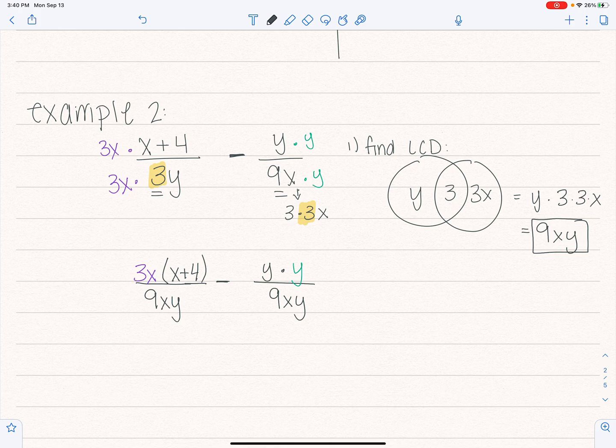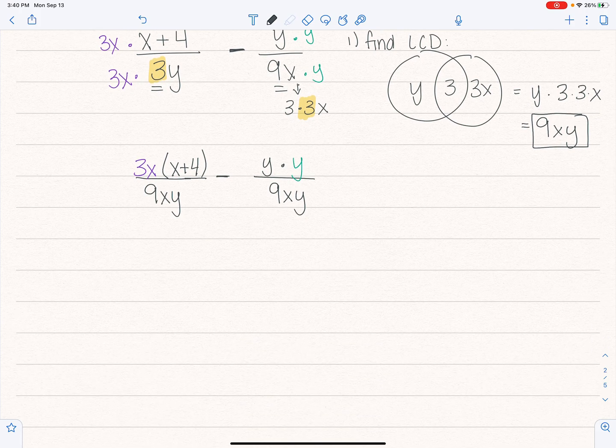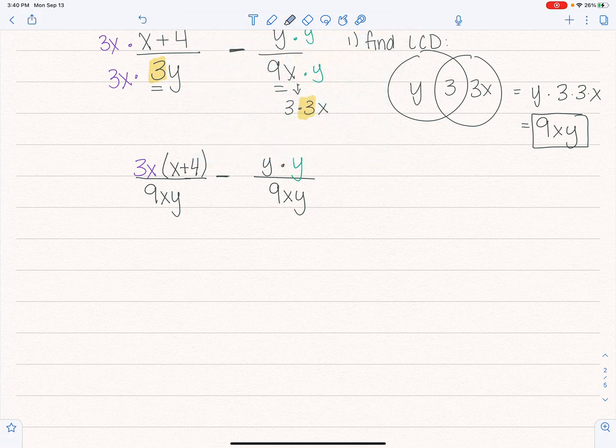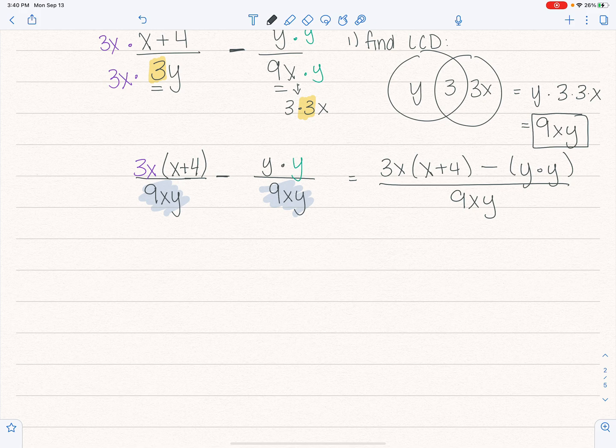And so now my second fraction's denominator matches, which is good. I have 9xy, 9xy. So now I can combine those into one fraction. So I have that 3x times x plus 4, minus y times y, all over 9xy.